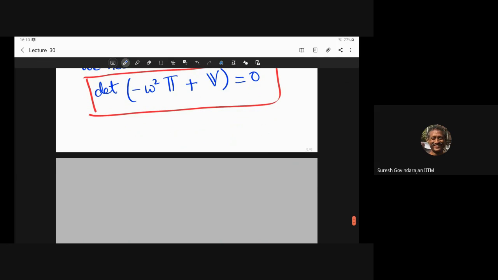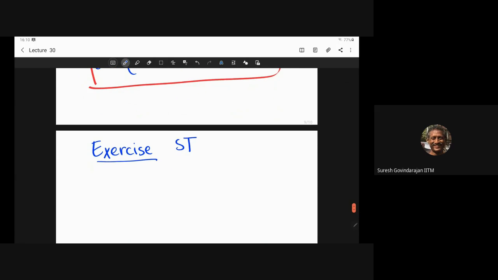Is this clear? So an exercise now: show that there are two eigenvalues, omega 1 and 2 square, from a quadratic equation.